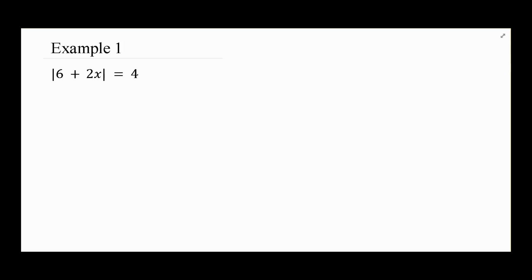Is the right side a non-negative number? Well, yes, 4 is a non-negative number. So because the two requirements are met, we can jump right into the absolute value property, which tells us the stuff that was inside the absolute value is either going to be equal to 4, or the stuff inside the absolute value is going to equal negative 4.